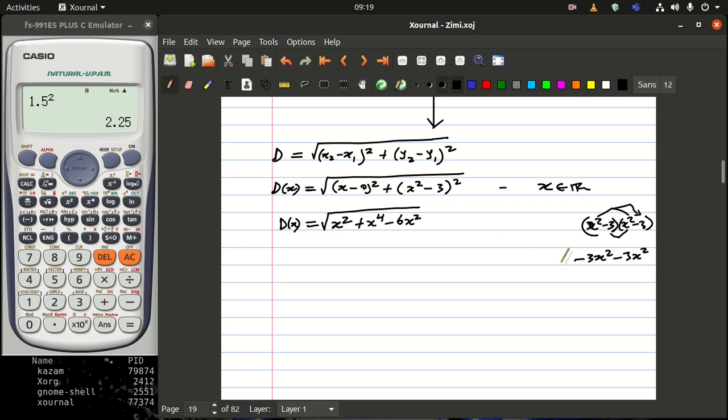And then minus 3 times minus 3 is just a positive 9.